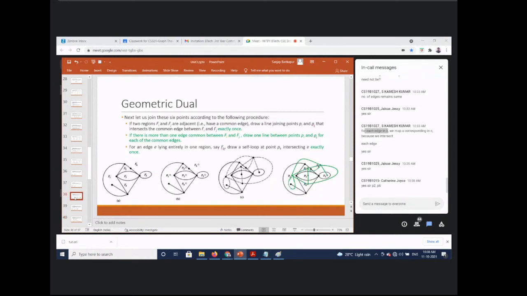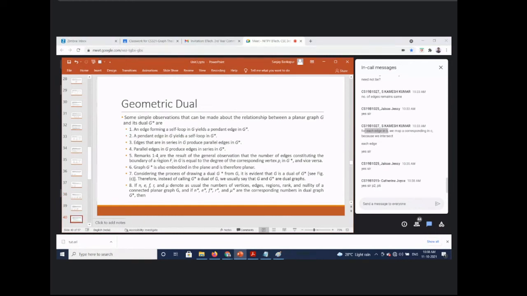Yes, there are two edges in common between regions P2 and P6. Those two series edges became parallel edges in our geometric dual. Parallel edges in G produce edges in series in G star. Vice versa is also true.